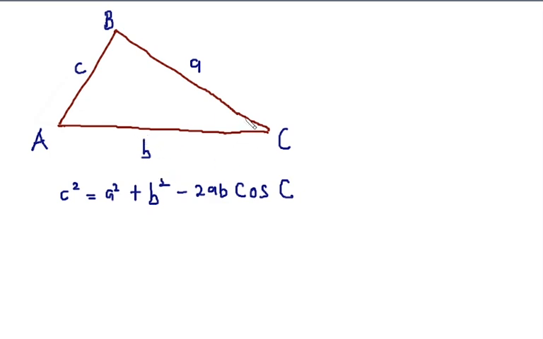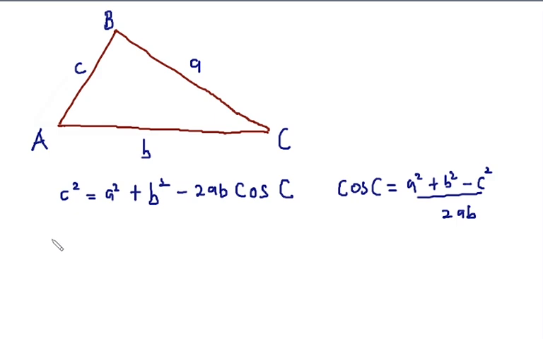But if I want to write the cosine rule for the angle instead of the side, I'll write cos C is equal to a squared plus b squared minus c squared over 2ab. So I can write it for angle A, angle B, and angle C.